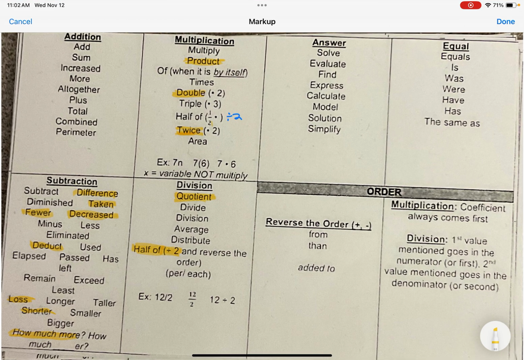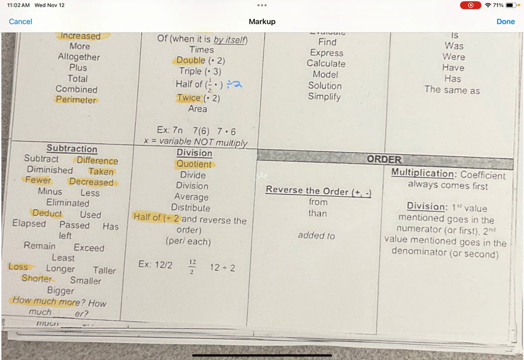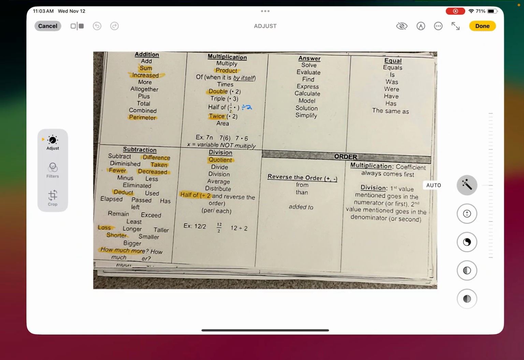And addition, there's terms up here I'm sure you're familiar with. Add, sum means addition. Now you may have forgot that one, okay? Increased means addition. More, altogether, plus, total, combined. Perimeter means addition, okay? So this vocabulary paper is going to come in very handy when you're looking at your problems.